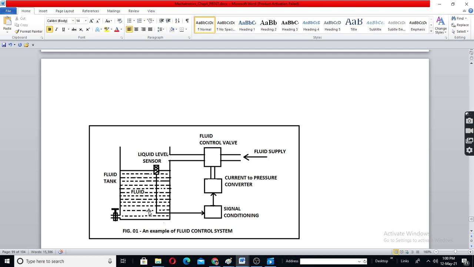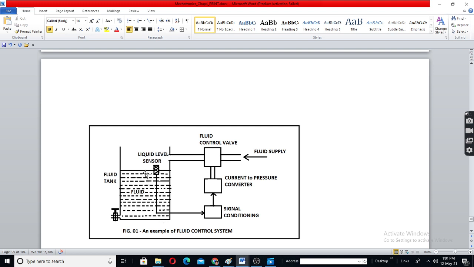As the tank gets filled by the fluid, the level rises, and the sensor output will be more voltage here, proportionately more current, and more pressure. Now the valve will start to close gradually. More pressure means the valve will begin to close, so less entry of fluid.